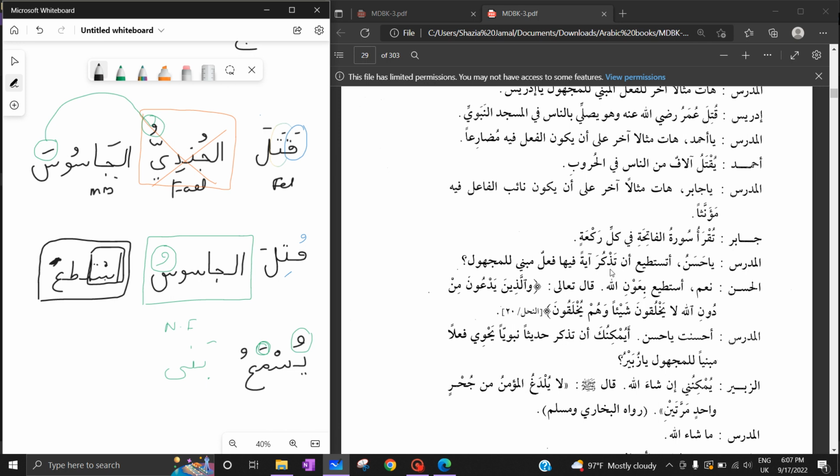We know in fail mudare there are 5 damir mustatir: ana, nahnu, anta, huwa and hiya. So this is anta. So the fail is damir mustatir here, taqdiruhu anta. Ayatan is maful bihi. An tadhkura ayatan means can you mention an ayah فيها فعل مبني للمجهول. In it should be فعل للمجهول.